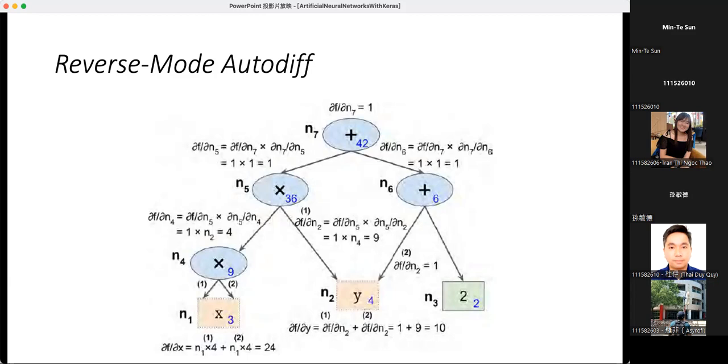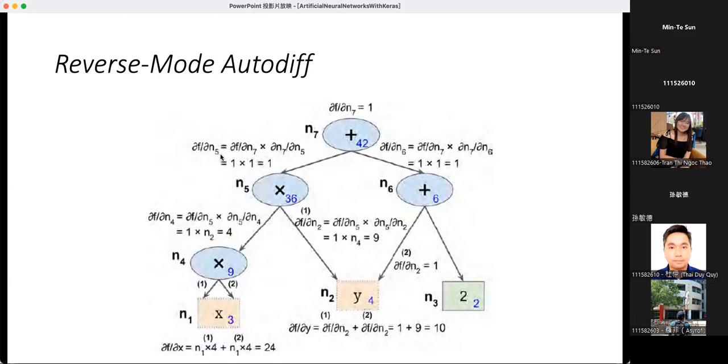Okay, and then let's have a look. Partial f partial N7 is going to be 1, right? No question about that, because f is N7. And then partial f partial N5. Remember, N7 is N5 plus N6.